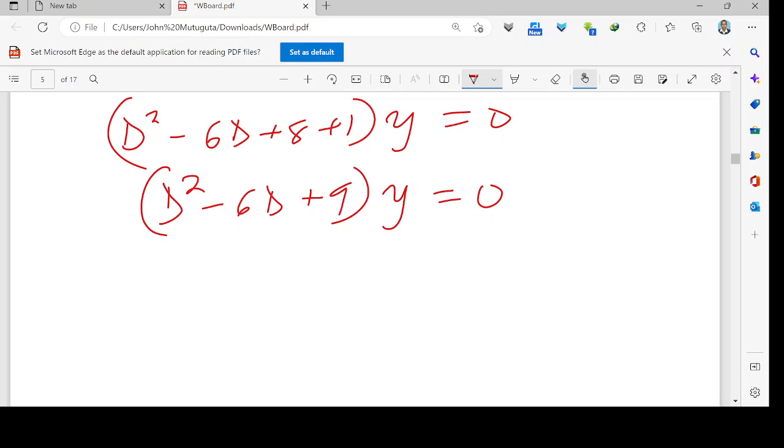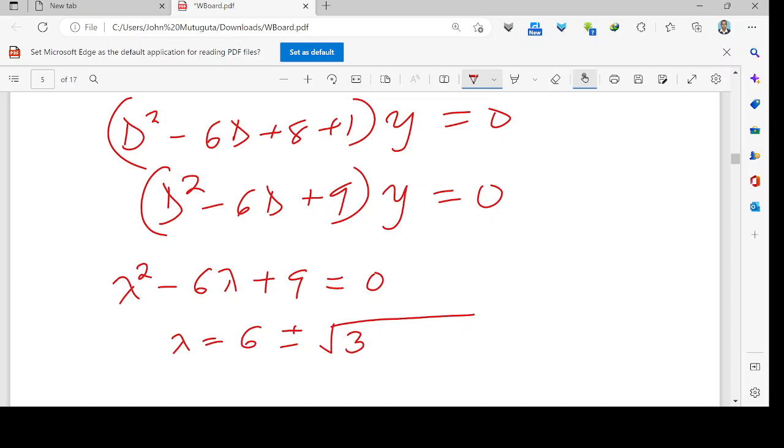So we can solve this by simply getting the characteristic equation. The characteristic equation will be lambda squared minus 6 lambda plus 9 is equal to 0, and lambda becomes 6 plus or minus the square root of 6 squared, which is 36, minus 4 times 9, which is again 36, divided by 2, and this is 6 divided by 2, which is 3.